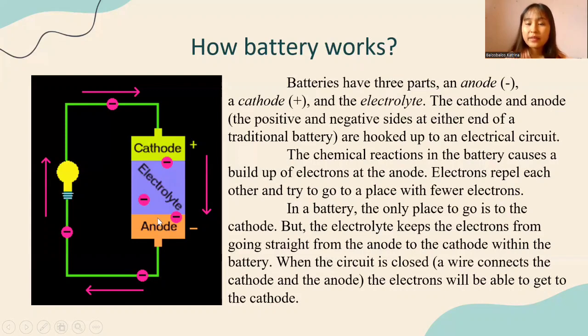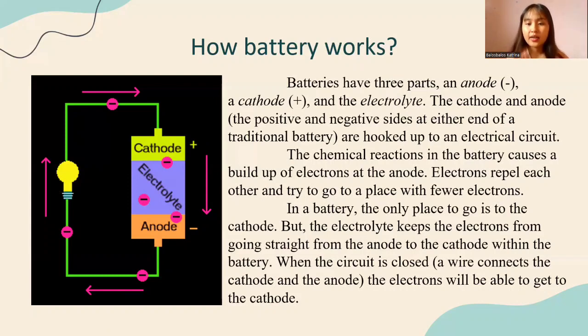Kaso, pipigilan ng electrolyte na makapunta yung mga electrons dun sa may cathode, kaya magta-travel sila sa path na to, na pwede lang sila makapag-travel sa path na yon kung naka-closed yung circuit. Kaya sabi dito, in a battery, the only place to go is the cathode.